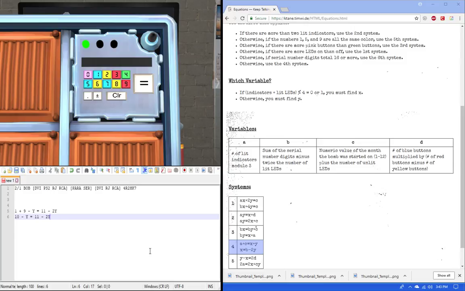What I can do is add 2y to both sides. 2y minus y is going to equal y. So 10 plus y equals 11. Then we take minus 10 on both sides, so y equals 11 minus 10, which is 1. So we submit the answer 1.